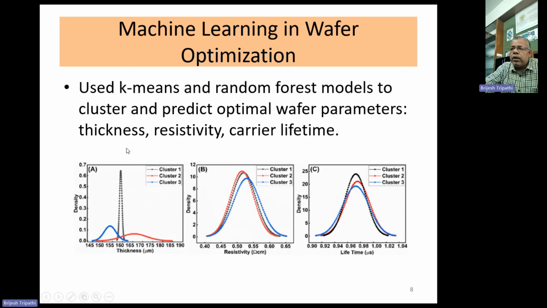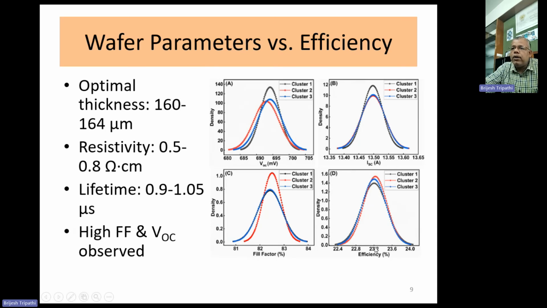Machine learning can be used for incoming wafer quality calculations, or we can say incoming wafer quality optimization. In this case, we have started with data of raw wafers, their thickness data, their resistivity data, and their lifetime data.